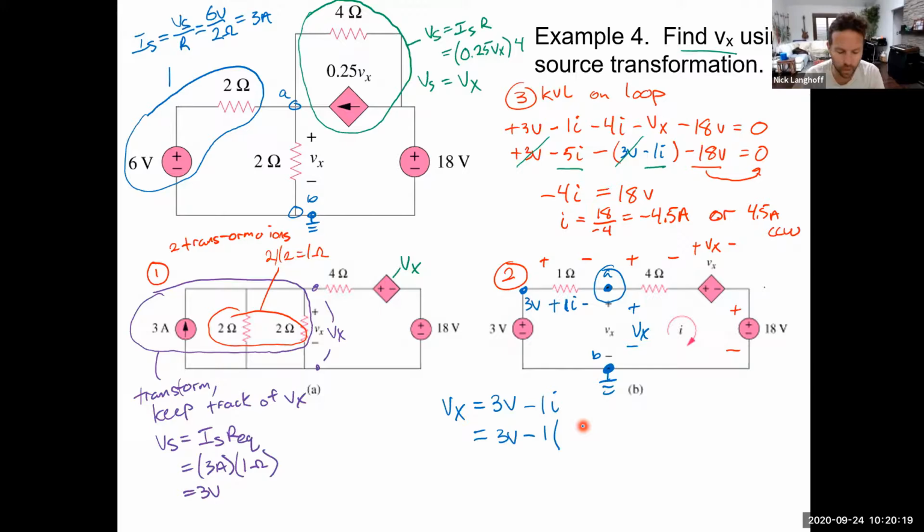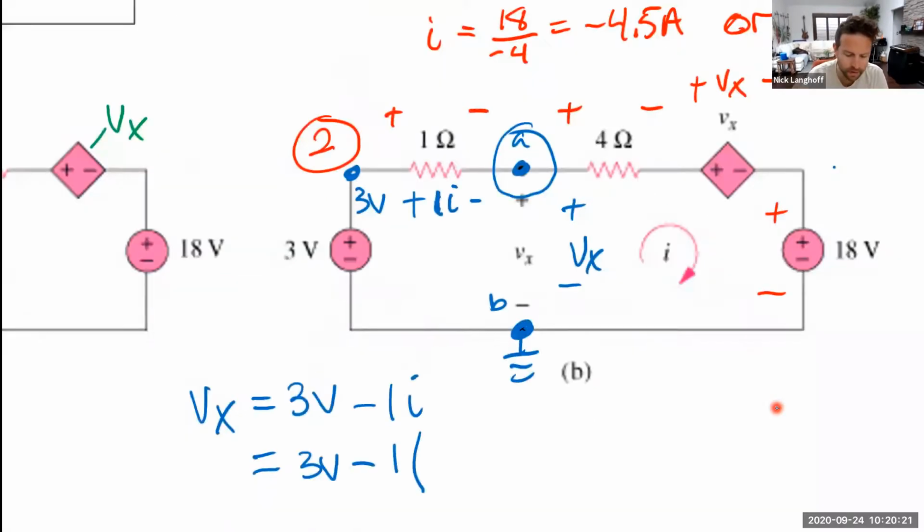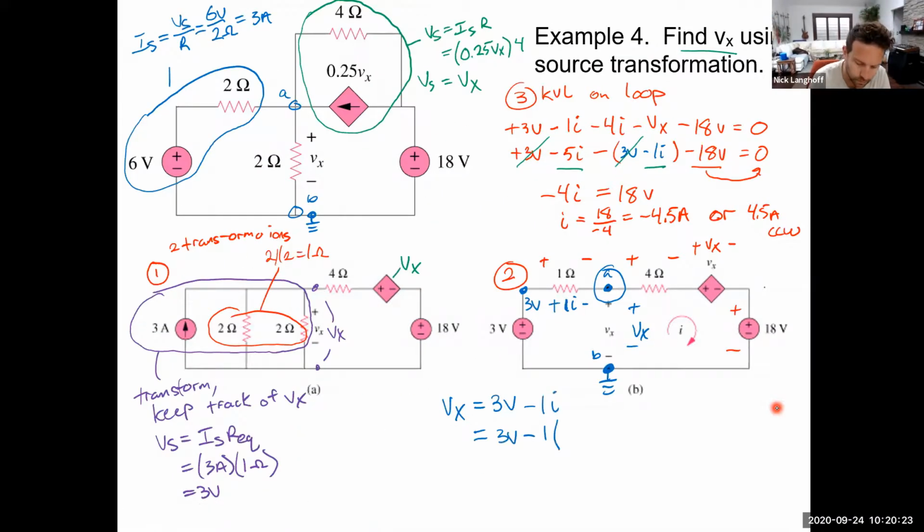Why is it minus 1I? It's minus 1I because we said that the current was flowing in this direction, towards the right. And if it's flowing towards the right, then the polarity across the 1 ohm resistor is plus on the left and minus on the right, which means we're getting a drop of 1I, right?